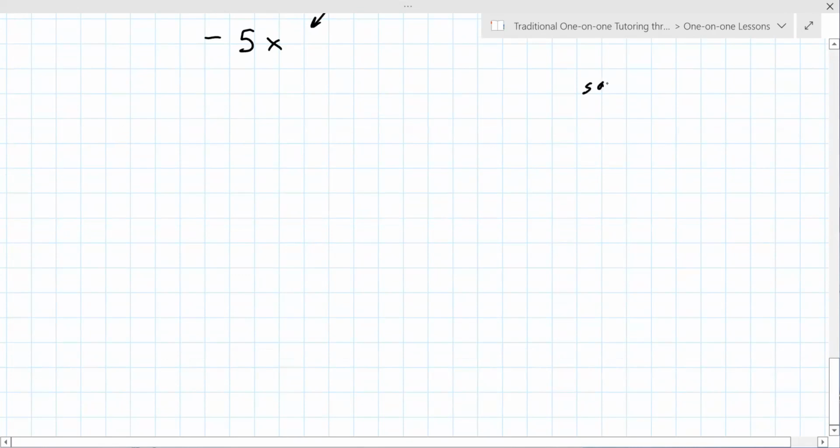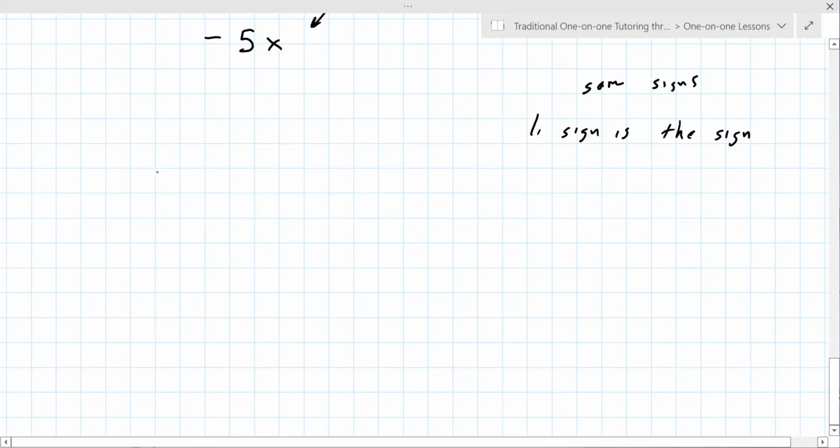Now, if they're same signs, you already know the sign. You don't have to figure out the sign. The sign is the sign. It's whatever those two are.